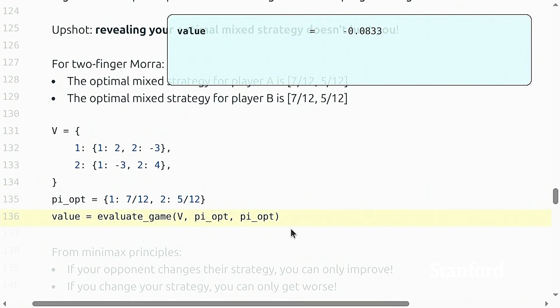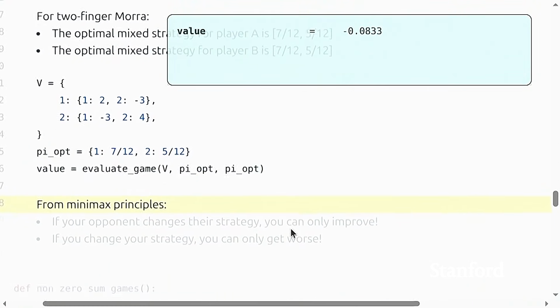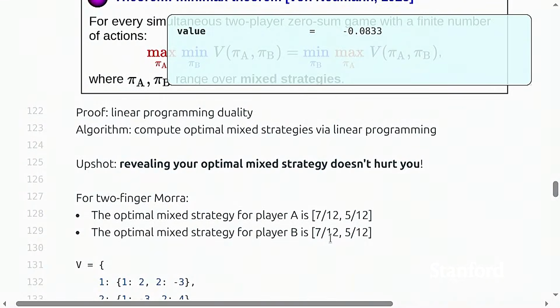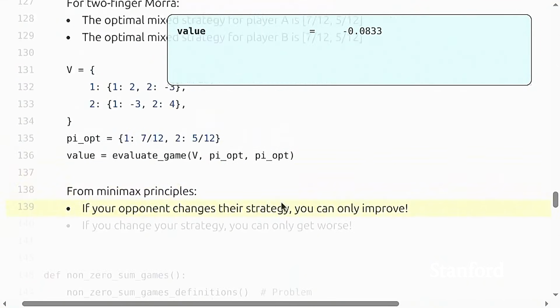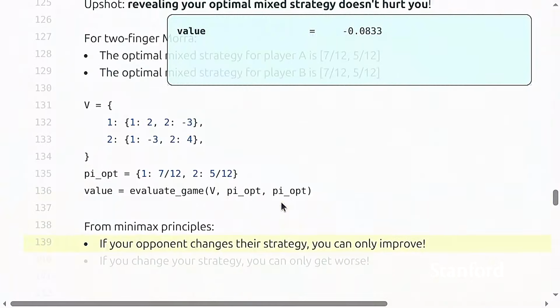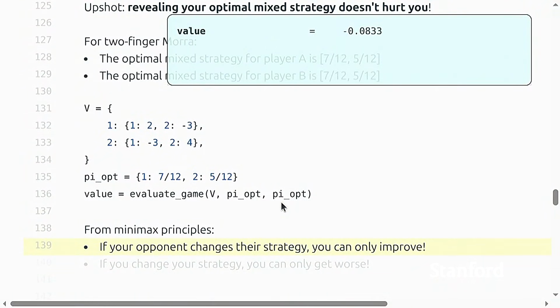Okay, I'll skip that part. Okay, so if you go back to the minimax principles, which we covered before for turn-based games, the same thing applies here. If you're at a minimax, these are minimax strategies, which means that if your opponent deviates from that strategy, it can only be good for you.